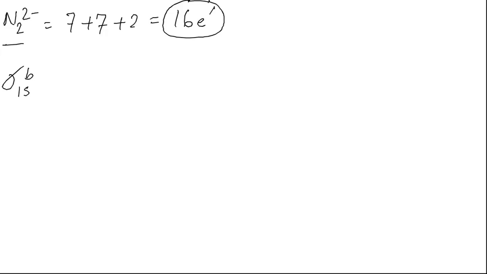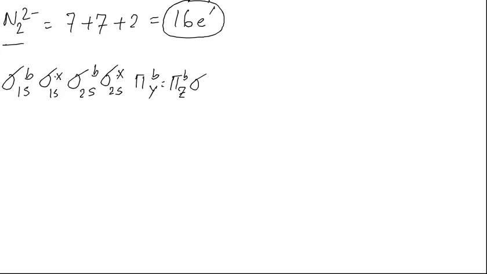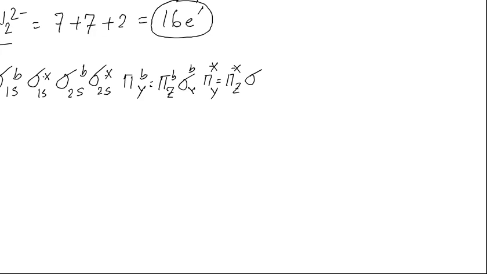We have sigma 1s bonding, then sigma 1s antibonding, sigma 2s bonding, sigma 2s antibonding. Then we have pi bonding y equal to pi bonding z, then sigma bonding x, then pi y star equal to pi z star, and lastly sigma x star.